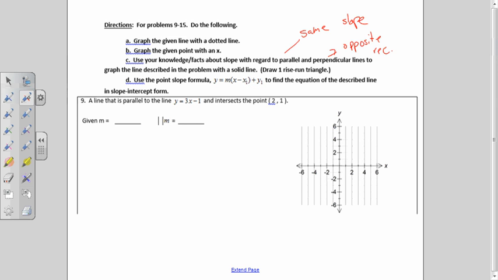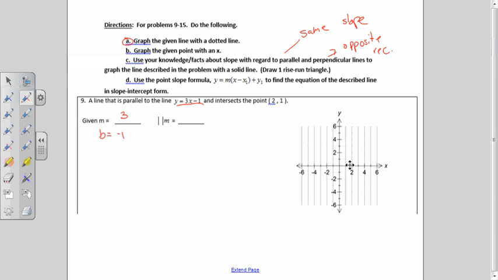Okie dokie. So I'll do step A, part of the question, in red, where it says graph the given line with a dotted line. My given line is y equals 3x minus 1, and the given slope is 3, and the given y-intercept is negative 1.